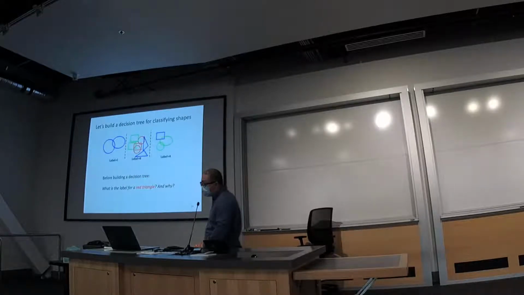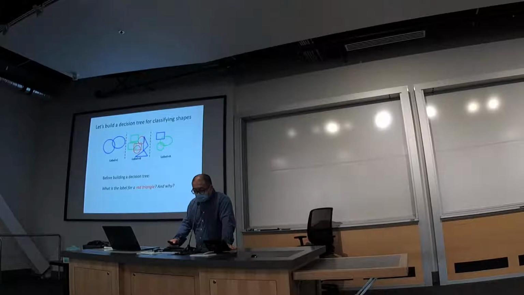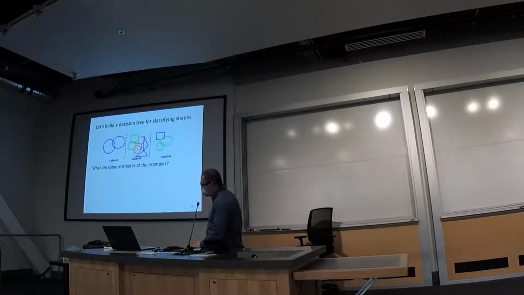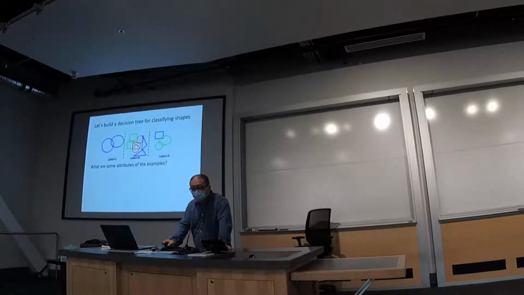So now let us manually construct a decision tree to verify our guess or intuition. As we just mentioned, a decision tree is a way to hierarchically partition the data. So how can we partition data, or partition examples?